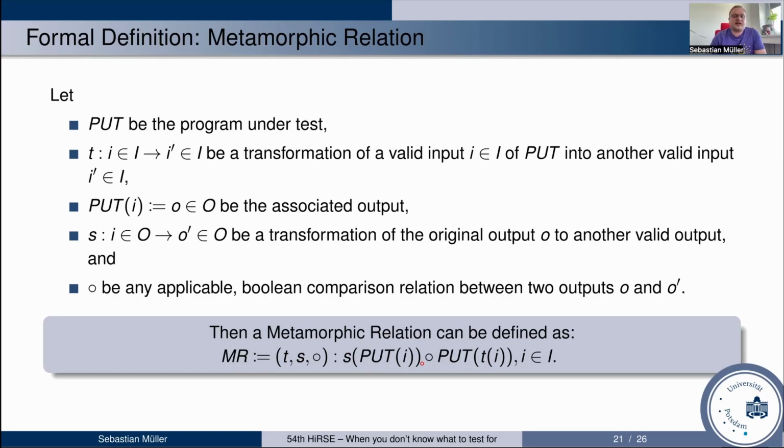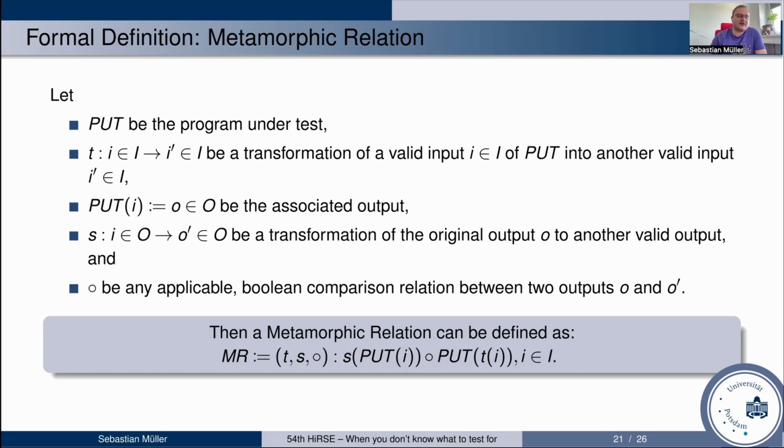We are saying that our transformed input, run through our program under test, compared using this relatively freely choosable comparator, should hold true against the transformed output of the original input.